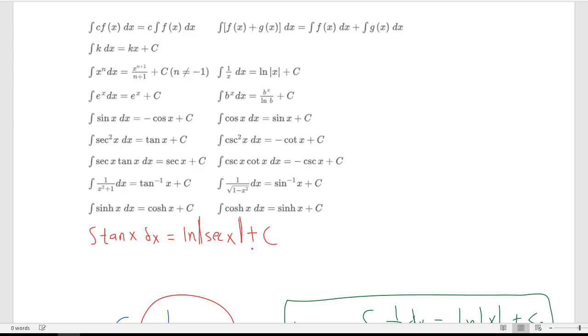So from now on, when we're doing integrals, if I see the integral of tangent, I just want to know that's ln of secant. I do not want to have to do u-sub to find the antiderivative of tangent of x. So anytime from now on, if we're integrating tangent x, we're going to jump right to the result of ln of secant.